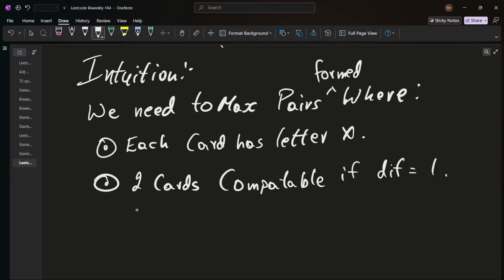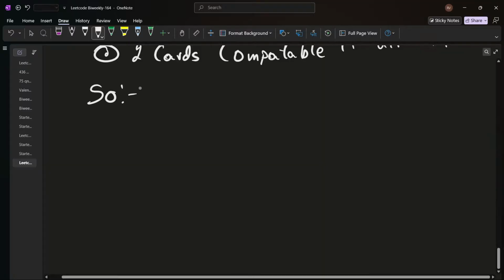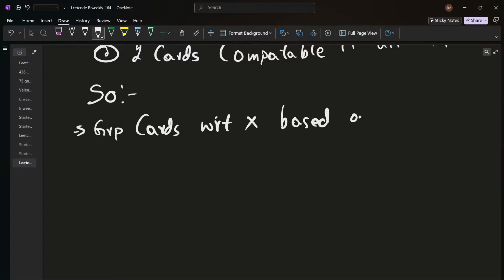So what we have to do for this is group the cards with respect to X, based on structure. That's the first step.